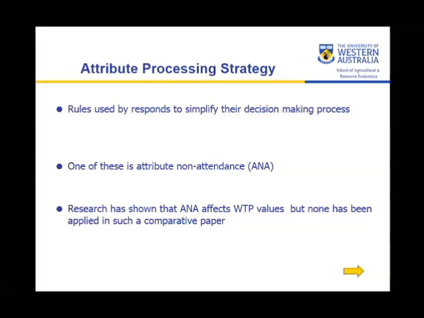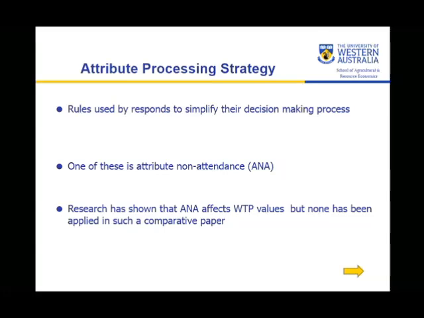And one of such critical issues is what we call attribute non-attendance. That means that you indicate whether you considered a particular attribute in your selection or not. And research has shown that attribute non-attendance tends to affect willingness to pay values.